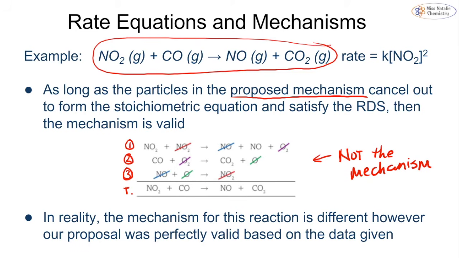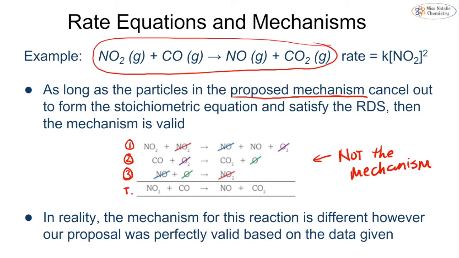It is not asking you to be a person that can determine every single mechanism just simply by looking at the rate determining step. We can't do that. What we can do, however, is use our knowledge of chemistry and use our reactions and what reactant could be formed and what products could be formed in order to determine a possible mechanism.